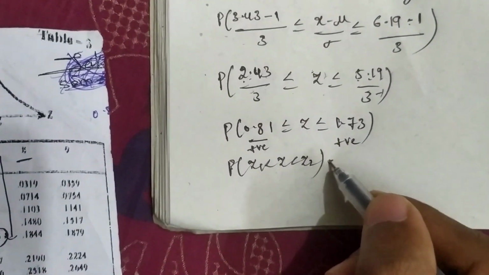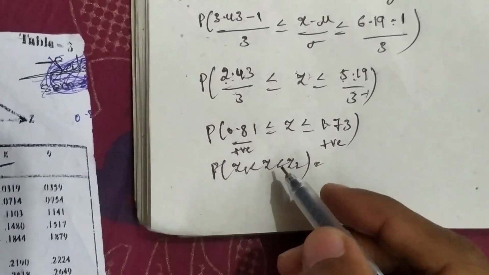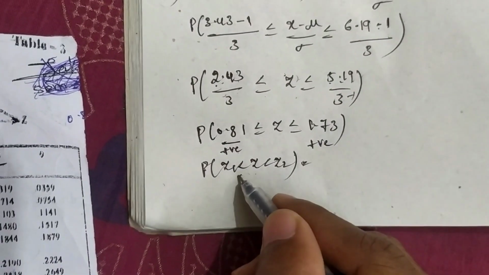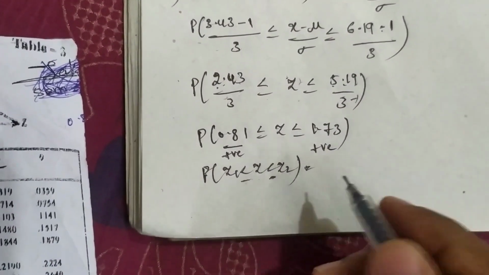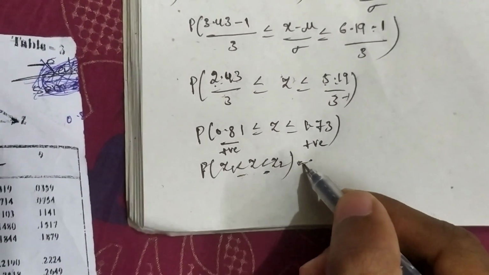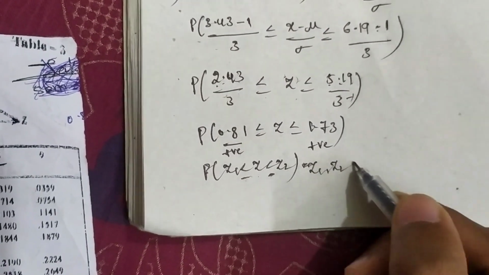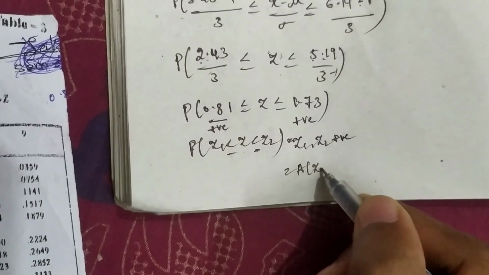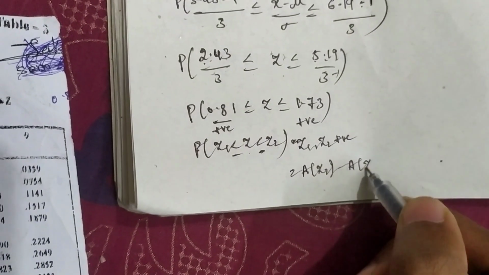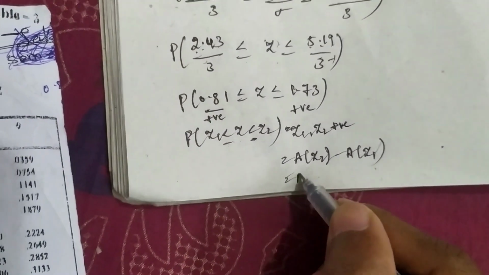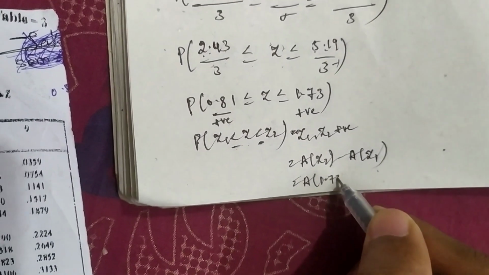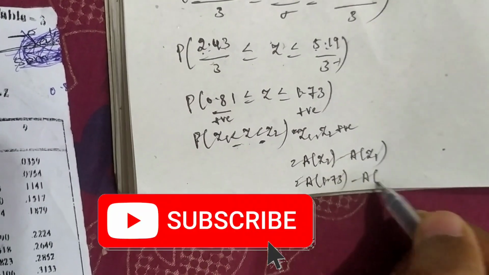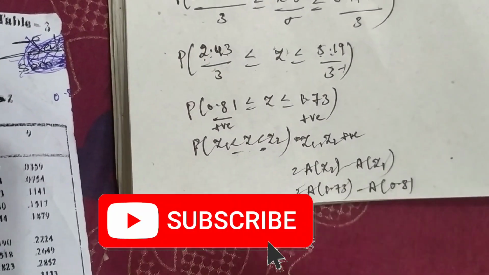So when P of Z1 less than Z less than Z2, and both Z1 and Z2 values are positive, we have the formula A of Z2 minus A of Z1. Here A of Z2 value is 1.73 minus A of Z1 value is 0.81.